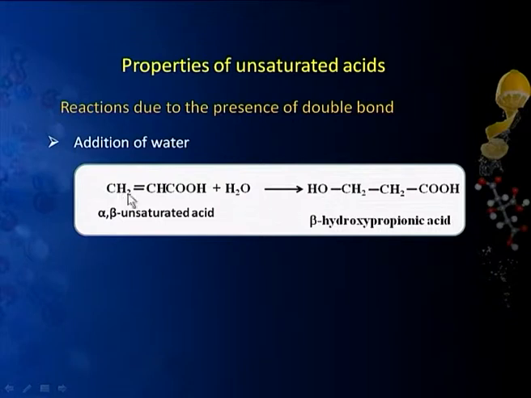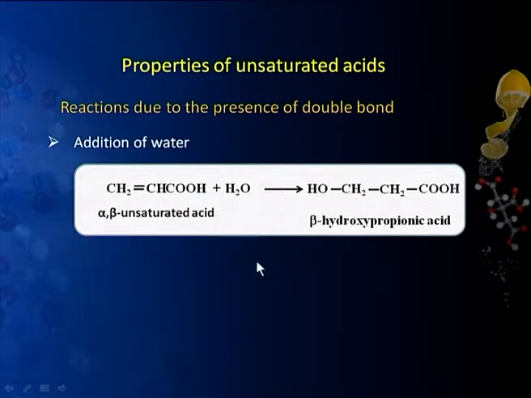Suppose H plus goes here, positive charge comes here. Now, this carbon is attached to an electron withdrawing carboxyl group which gives us a less stable carbocation. Hence, H plus goes to this carbon and positive charge is developed on this carbon, and this captures negative OH and we get the hydroxyl group at the beta carbon.